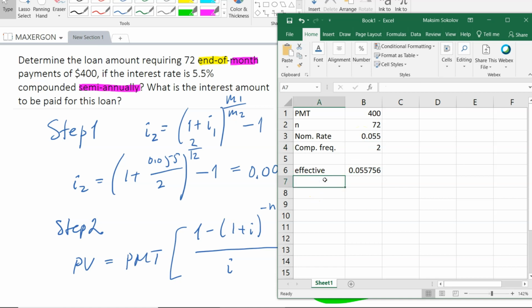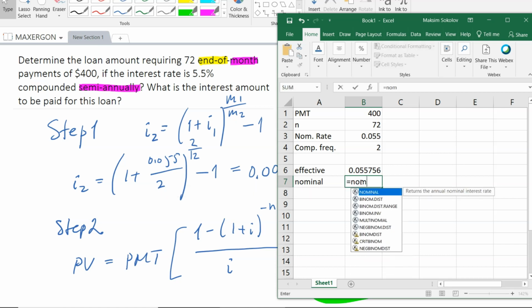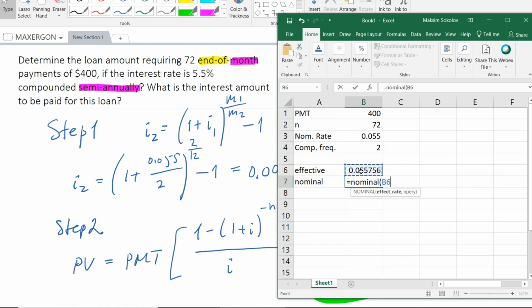We'll use this effective rate now to find the nominal rate, which is going to be equivalent to 5.5% compounded semi-annually, and which is going to be compounded monthly. In order to find it, we'll use the function NOMINAL, which calls for the effective rate, which is in cell B6, and the number of times that the new nominal rate needs to be compounded, which is 12.